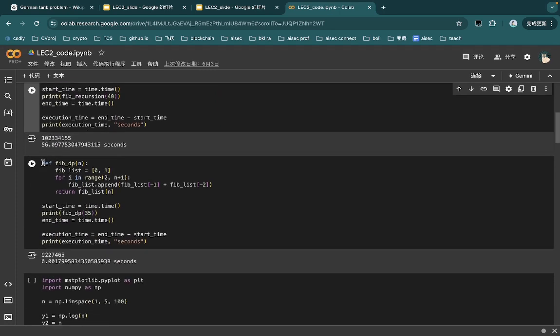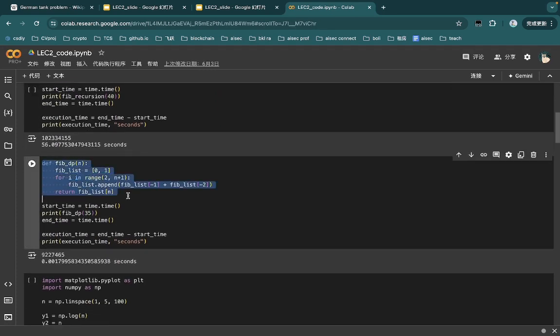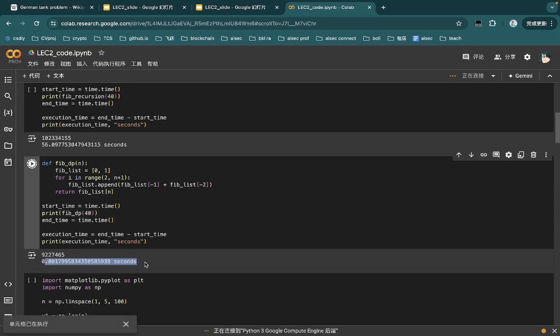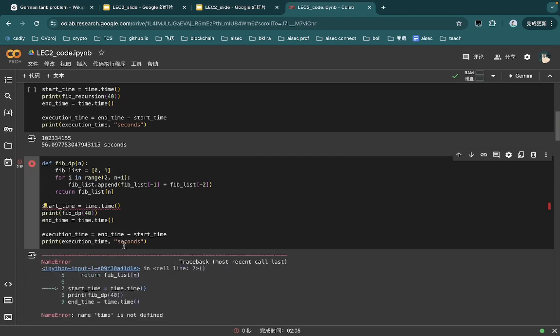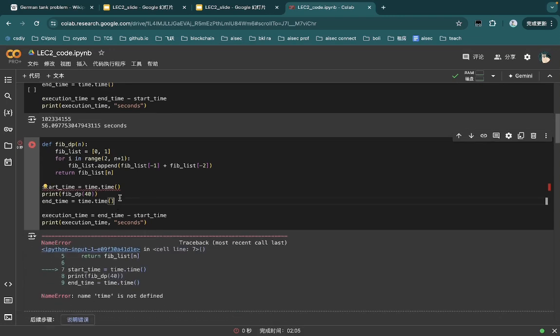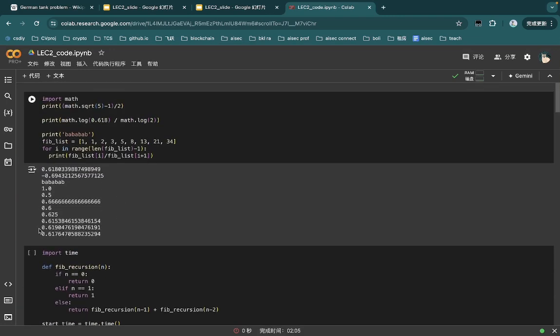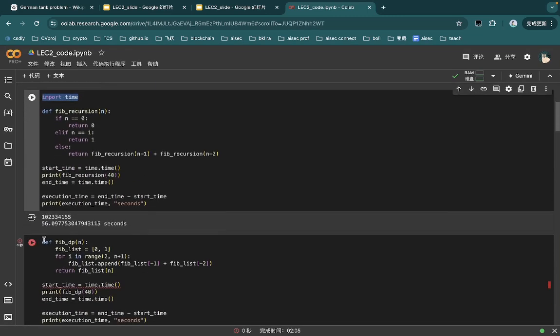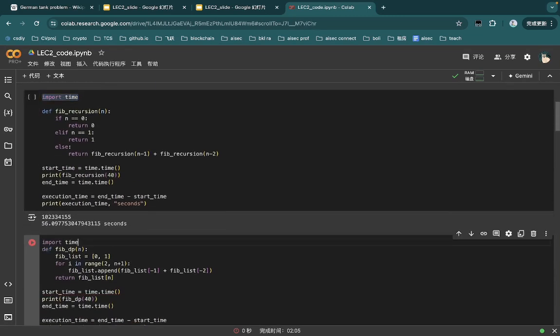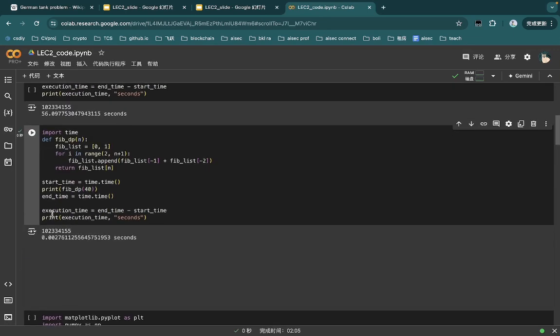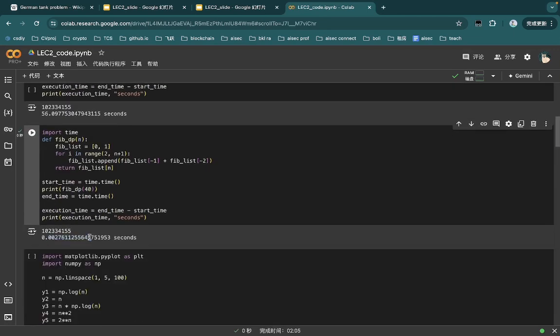And the Fibonacci dynamic programming algorithm calculating the 40th element is very fast.